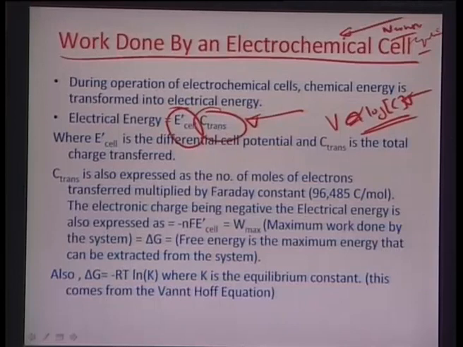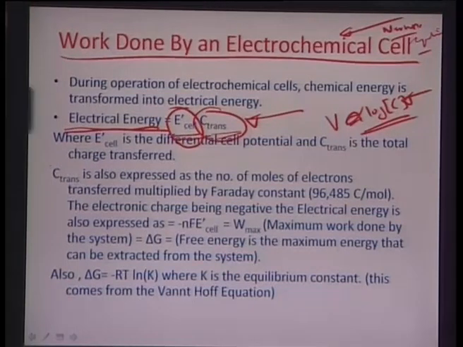Okay. So, against the potential E_cell there are about C coulombs of charge that are being moved. So, the total amount of electrical energy in this case would be represented as E'cell times C_trans, right. So, essentially charge into potential is the total work done or the electrical energy spent.